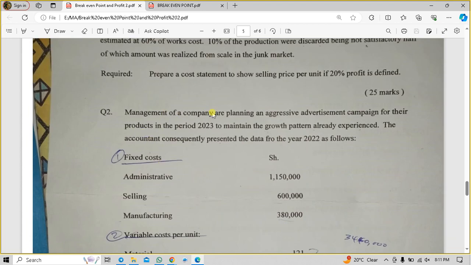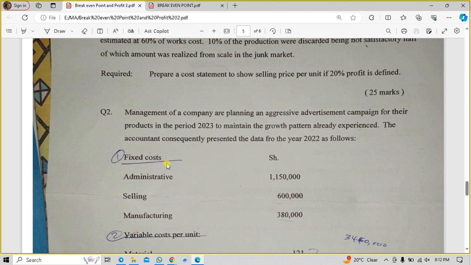So management of a company are planning an aggressive advertisement campaign for their products in the period 2023 to maintain the growth pattern already experienced. The accountant consequently presented the data for the year 2022 as follows.